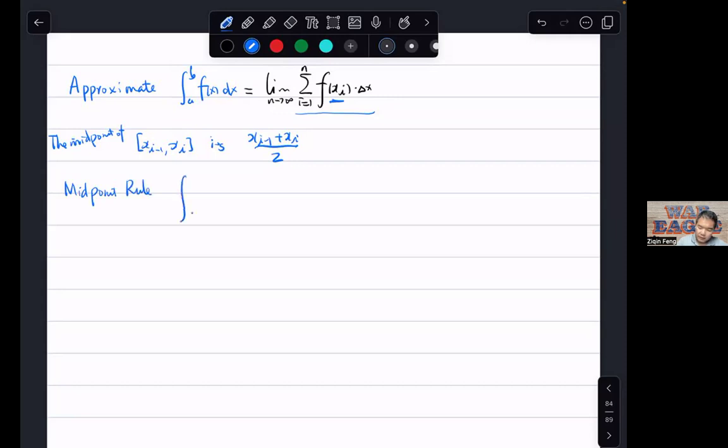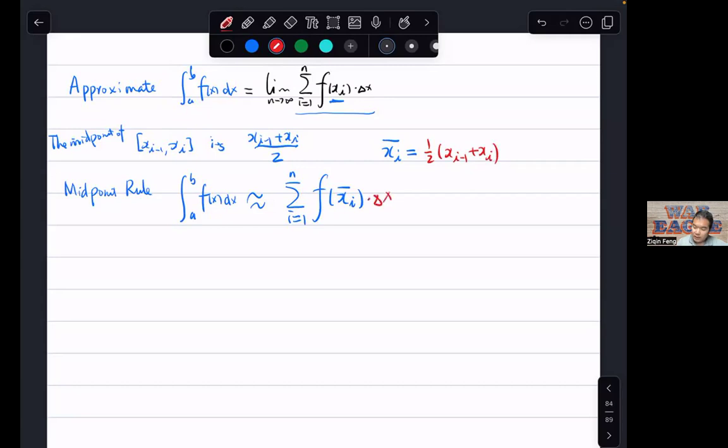The integral from a to b of f of x dx can be approximated by the summation, i from 1 to n, of f of x_i bar, where x_i bar is the middle point of the interval from x_{i-1} to x_i. That is 1/2 (x_{i-1} plus x_i), times delta x.